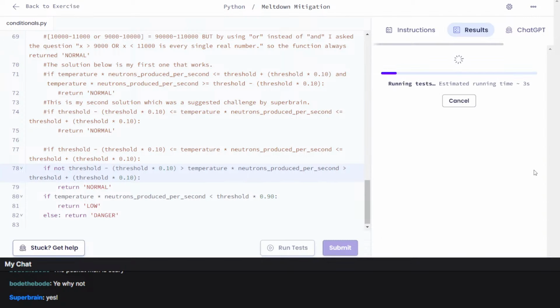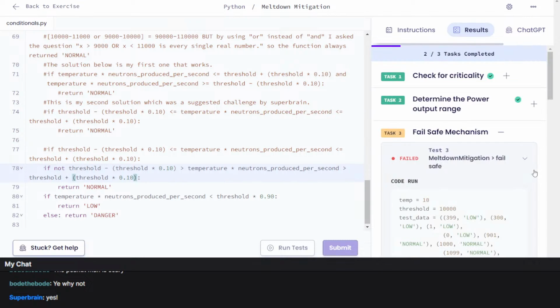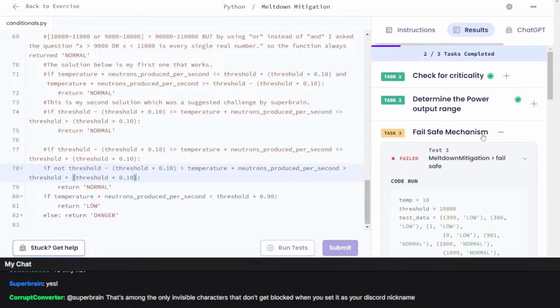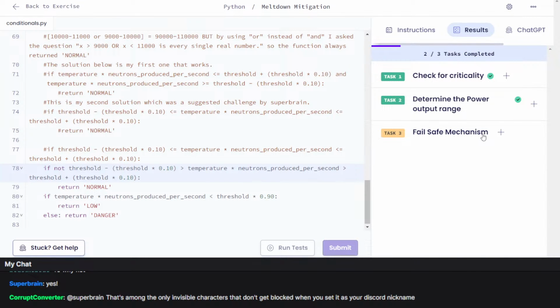Please run. Please don't fail. No! Bodefi Bode says why not? Oh, I'm missing a character accidentally. Never mind. Please run. No, it failed. Well, it ran, but it didn't do what it was supposed to do. Corrupt Converter says at Superbrain that's among the only invisible characters that don't get blocked when you set it as your Discord nickname. What did I do wrong?